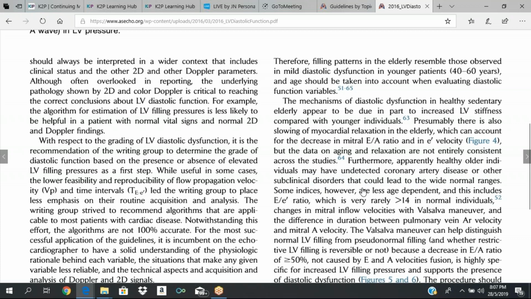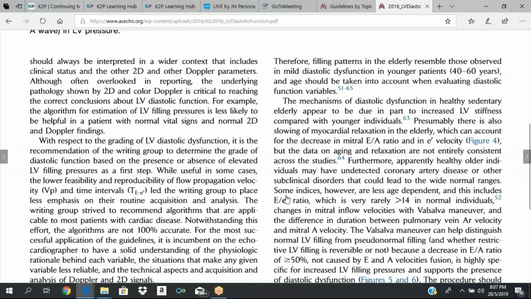Some indices, however, are less age dependent, and this includes the ratio of E to E prime. So remember, E is your mitral inflow E, and E prime is your TDI E prime. This ratio is less age dependent, okay, and is very rarely greater than 14 in normal individuals.